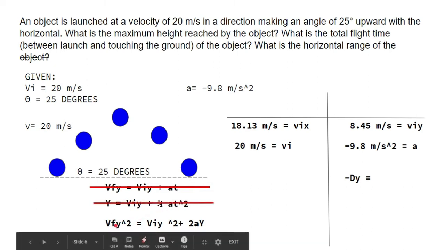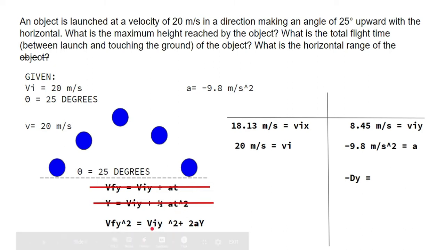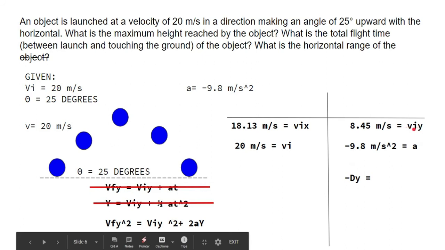Here we have the final velocity, we have initial velocity, and then acceleration and y. Notice we have a given of acceleration and we have a given of initial velocity y. Now, do we have a final velocity?